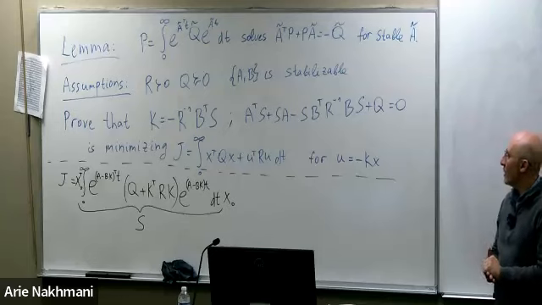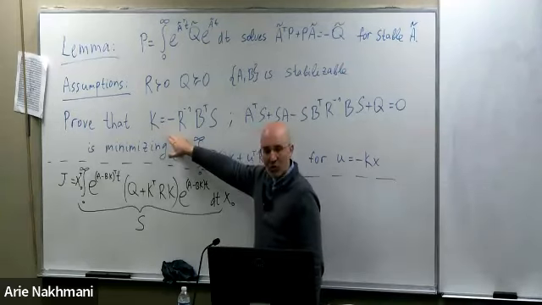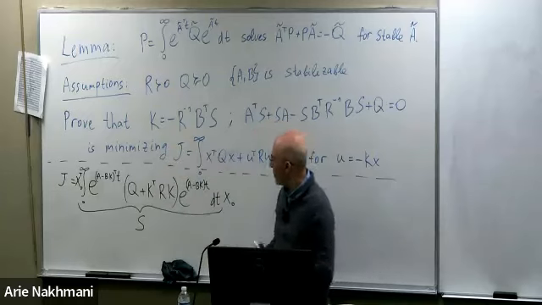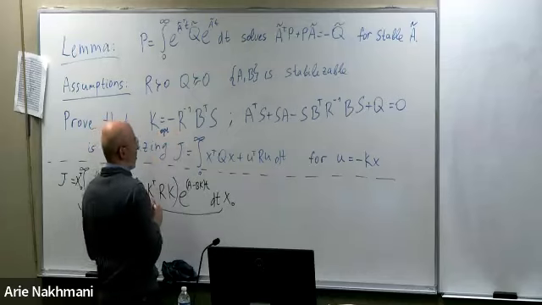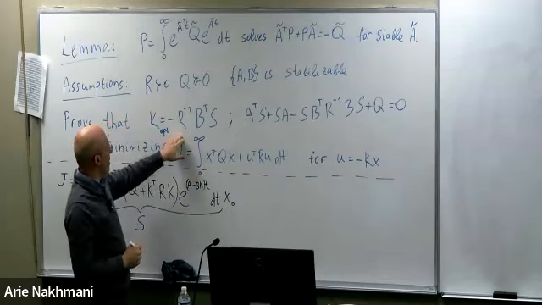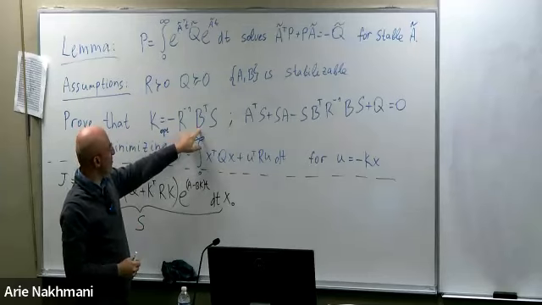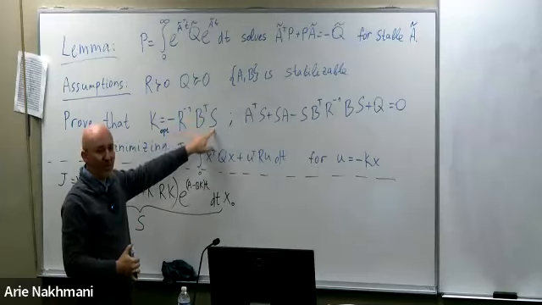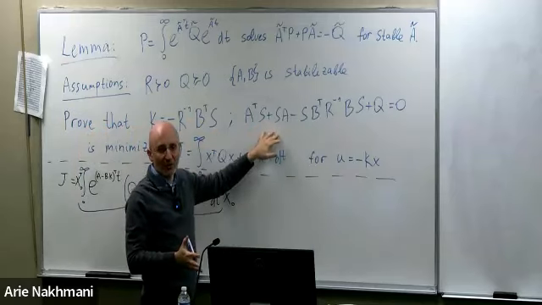All right. Now, we wanted to prove that this is the optimal controller. So this is the K optimal that we are looking for. It will be given by R inverse, which is the weight of the input energy, times matrix B transpose times some matrix S, which is a solution of the algebraic Riccati equation.